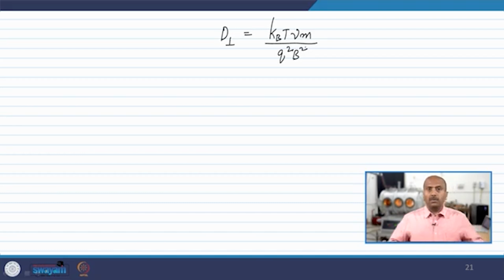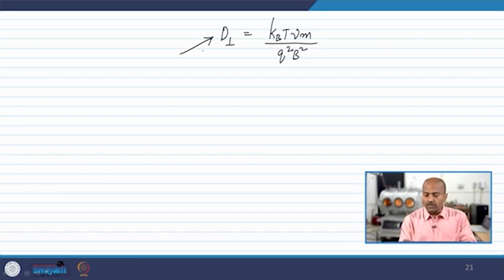As long as the particle's motion is parallel to the direction of the magnetic field, there will not be any effect. So, that is why we considered the magnetic field to be in such a way that the velocity components are perpendicular, and the resulting coefficient of diffusion was thus named D perpendicular.